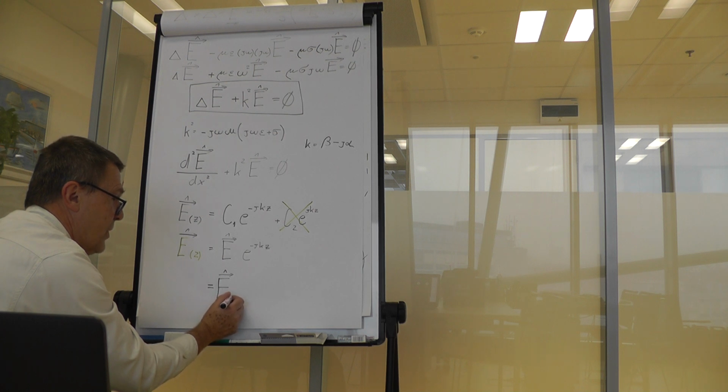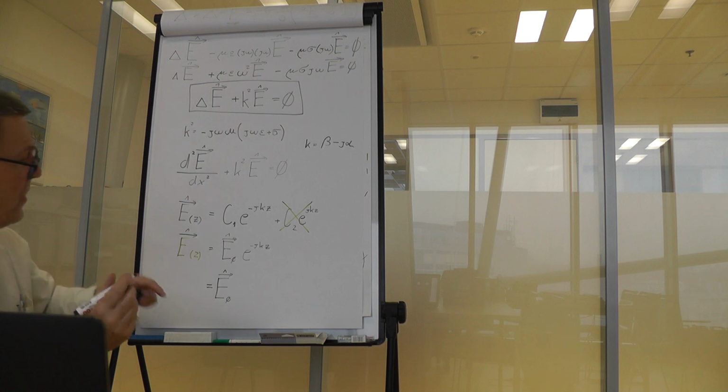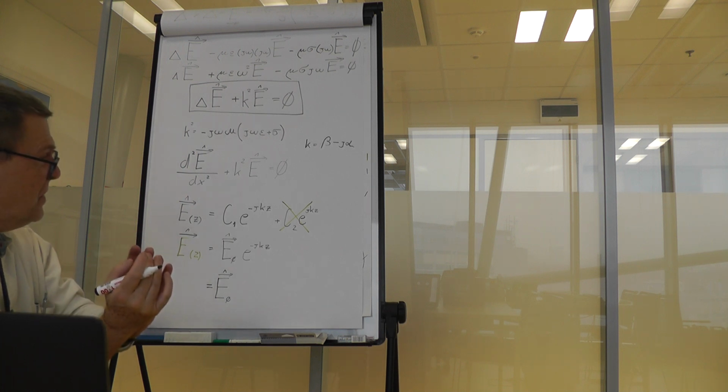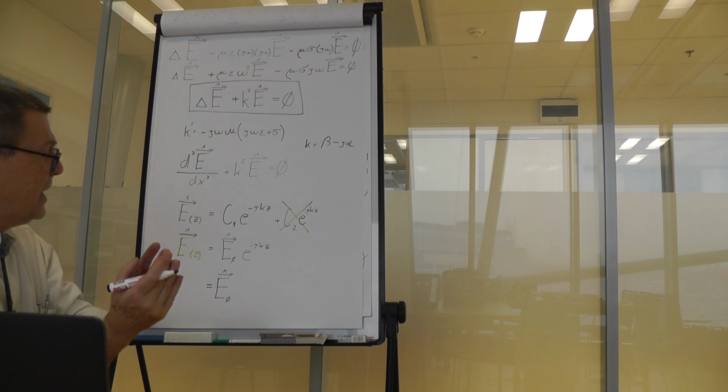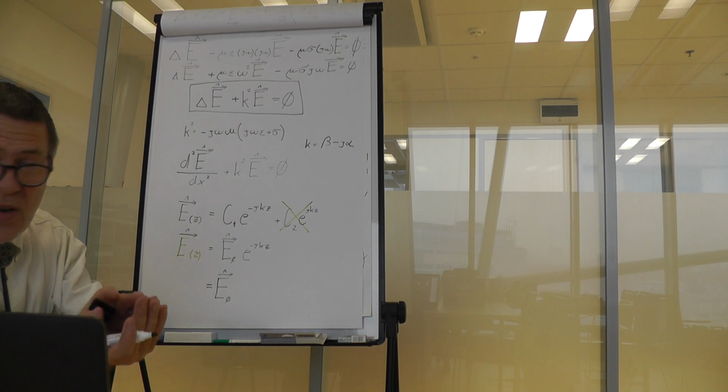Let's call it E0. And then we have to multiply it by two terms to obtain the electric field strength phasor at any other coordinate.